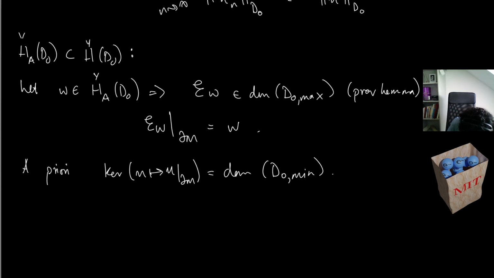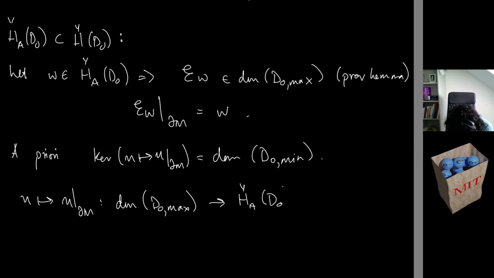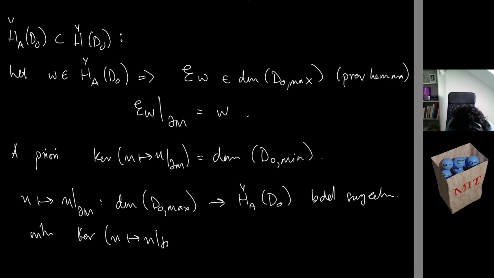We've shown that U restricted to the boundary partial M, from dom D naught max to this space H check A of D naught, is a bounded surjection with kernel, U restricted to M equal to zero, which is equal to dom D naught min.